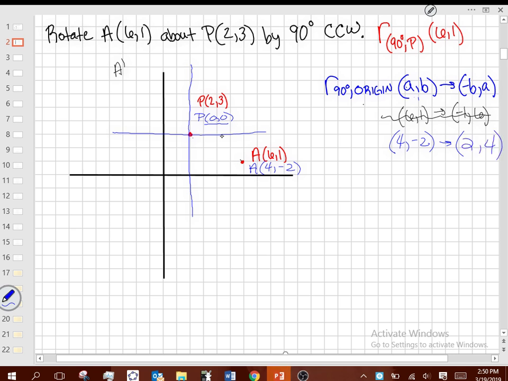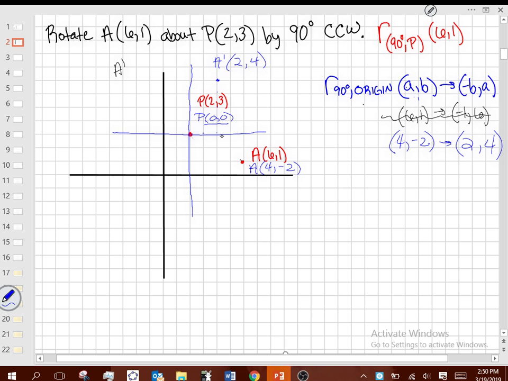Flip the A and the B, and negate the first one. Okay? Now, plot (2, 4) off the blue axis. Go over 1, over 2, up 1, 2, 3, 4. So that would be A prime off the blue axis, which we said is (2, 4), right?